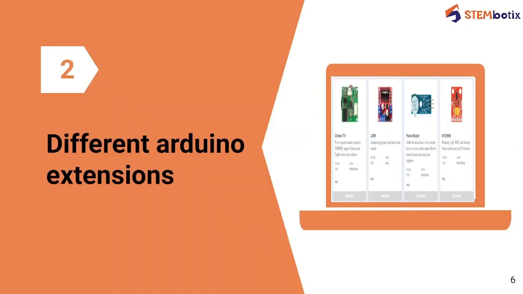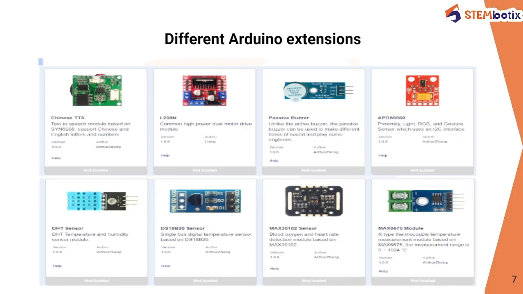Let's see some different Arduino extensions. As I mentioned previously, we have 28 different types of extensions available in our Blockzie software for the Arduino microcontroller board. Let's see which extensions are available.